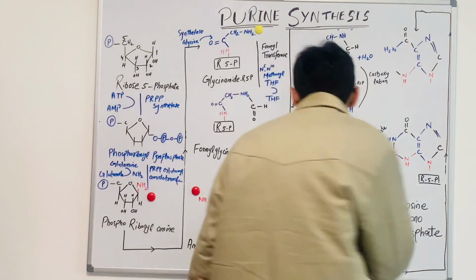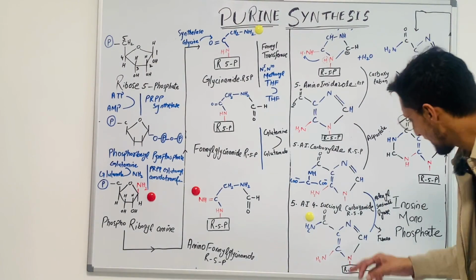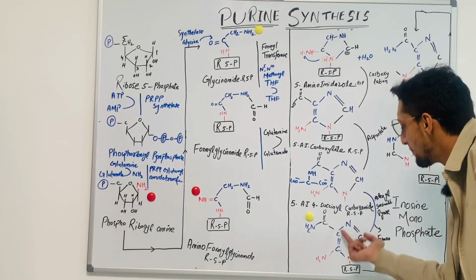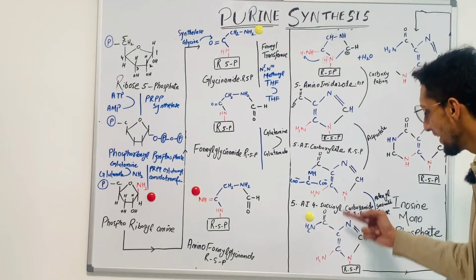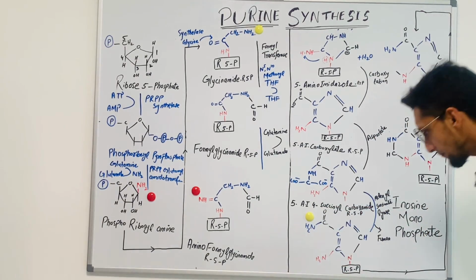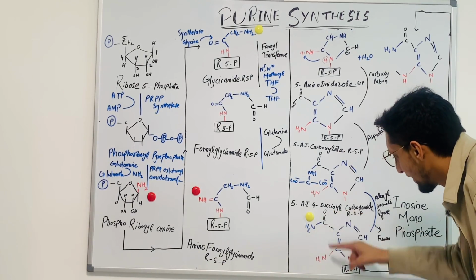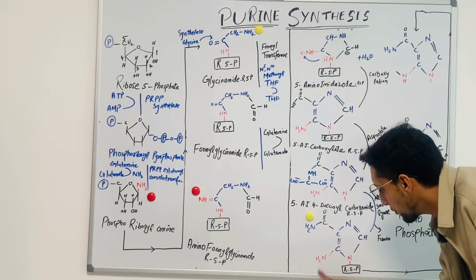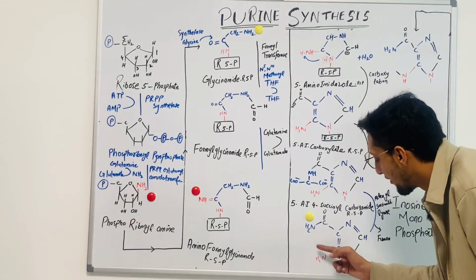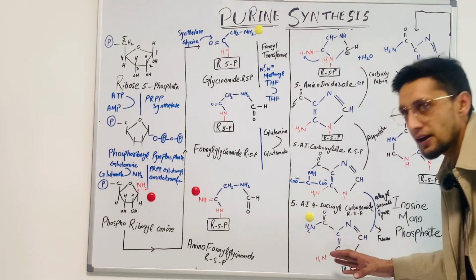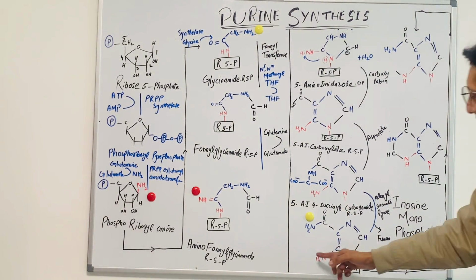Keep it in mind. Now you can see that the one ring has been completed, that is imidazole, and there is a beginning of a second ring. Now what happens here is that the carbon's valency is satisfied here, and from this portion one hydrogen will be removed and the nitrogen can form another bond, to make a second ring. So what happens at this position?